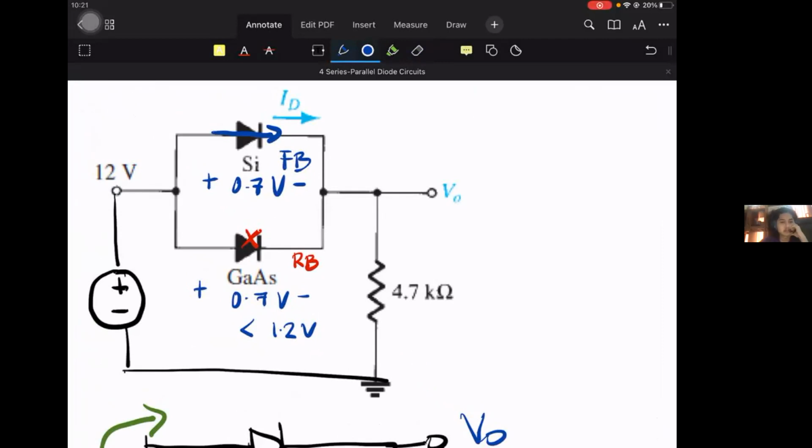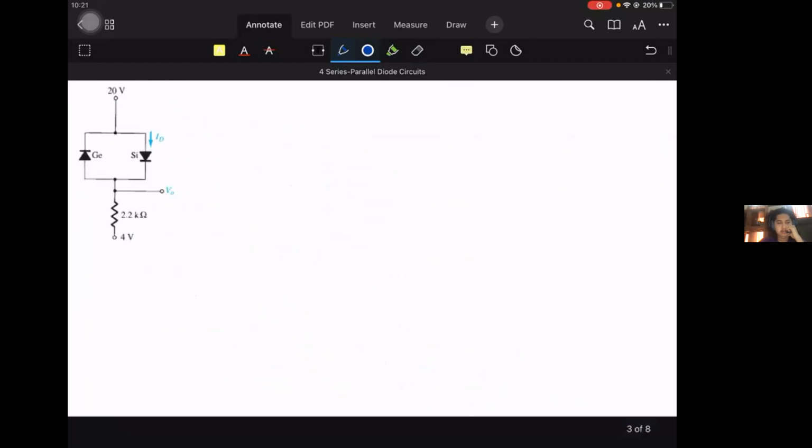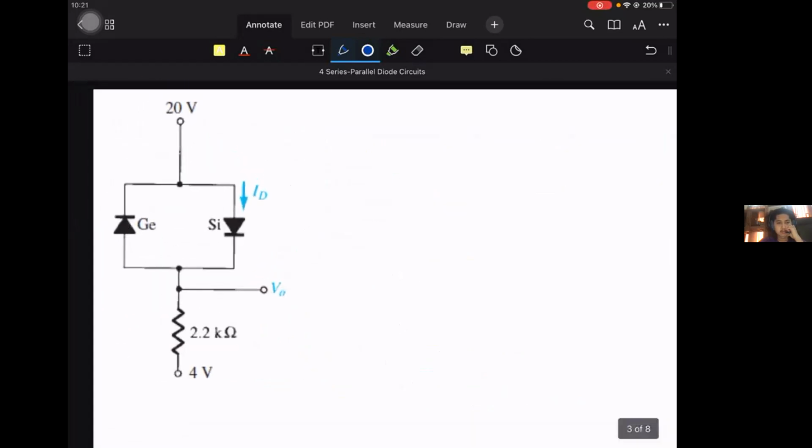Obviously, the one that turns on first is germanium, with a 0.3 volt drop. Silicon is then the one that is reverse biased. Basically, whichever has the lowest forward bias voltage is the one that turns on. Okay? How about this one?